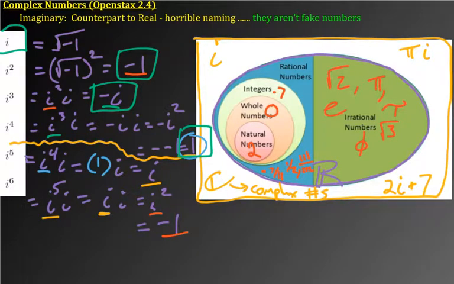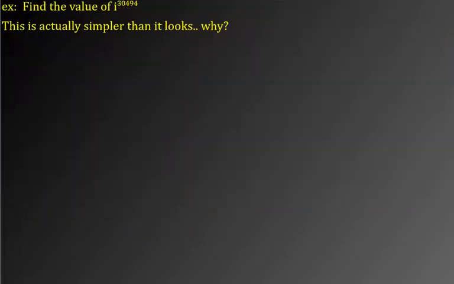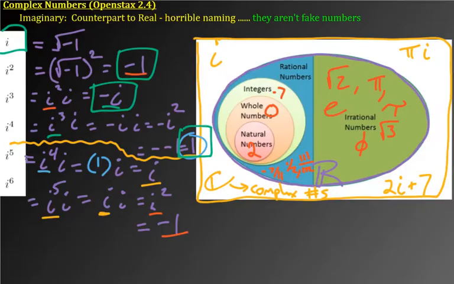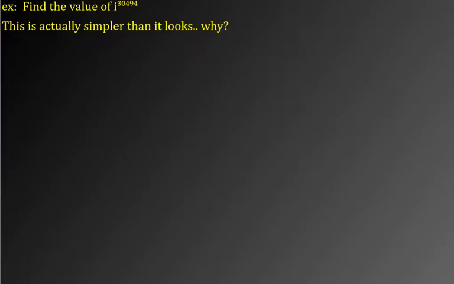So it's kind of weird, but it does actually make a lot of things a lot easier. For example, if I had i to the 30,494, that is not something we would ever write in math, because there's a much easier way to write it. It's either going to be an i, a -1, a -i, or a 1.